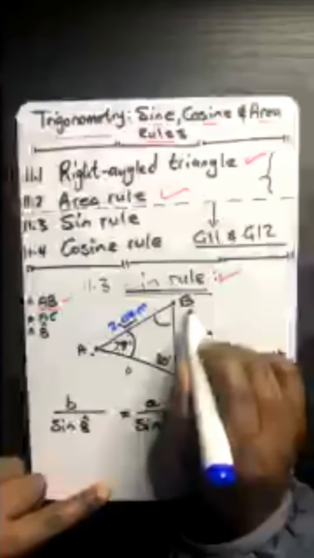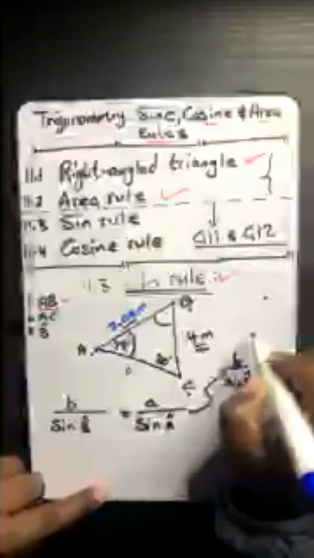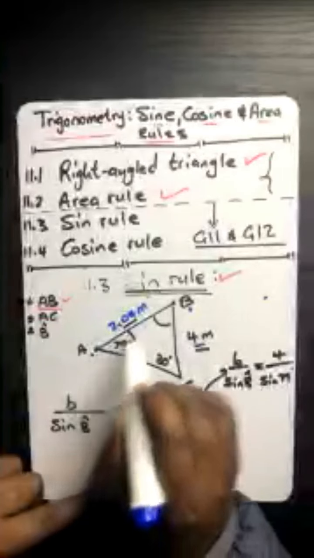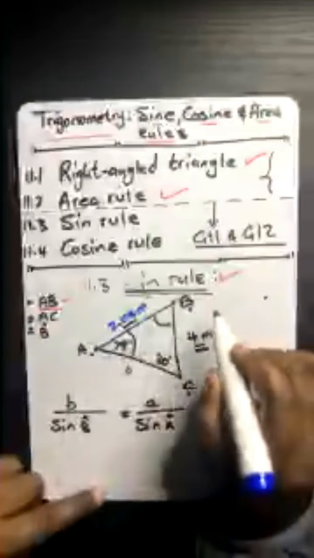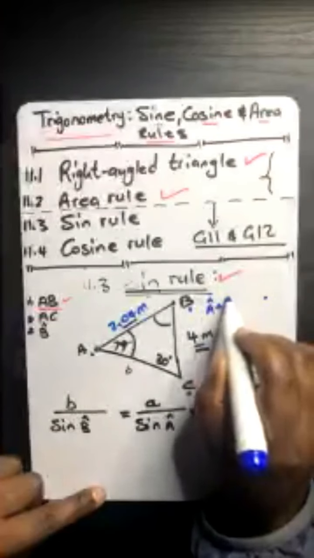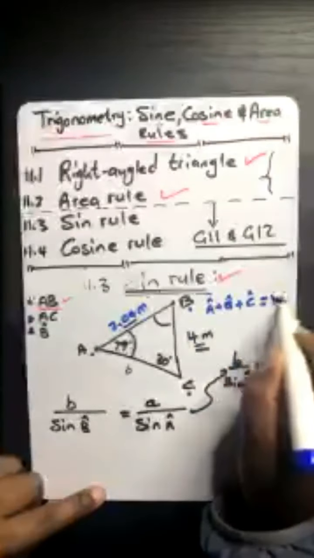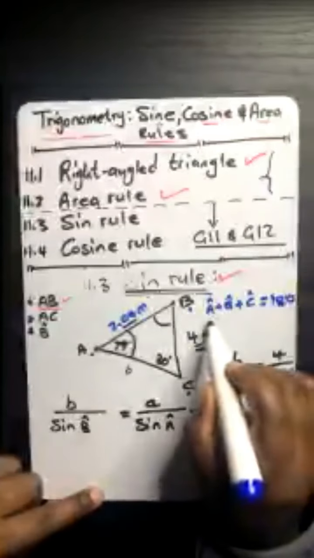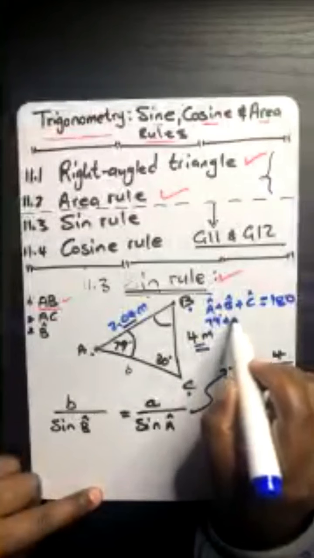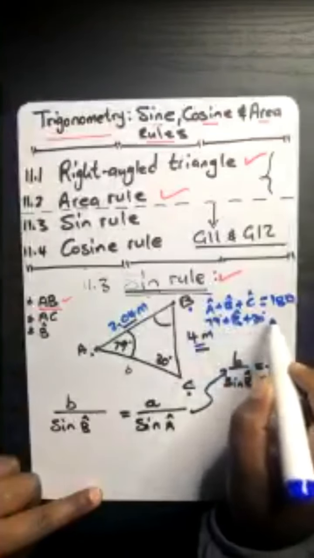Do you guys not remember me saying angle A plus angle B plus angle C must be equals to 180 degrees, meaning the interior angles of any triangle must be equals to 180 degrees? So angle A is 79 degrees, plus angle B is what we want to know, plus angle C is 30 degrees.